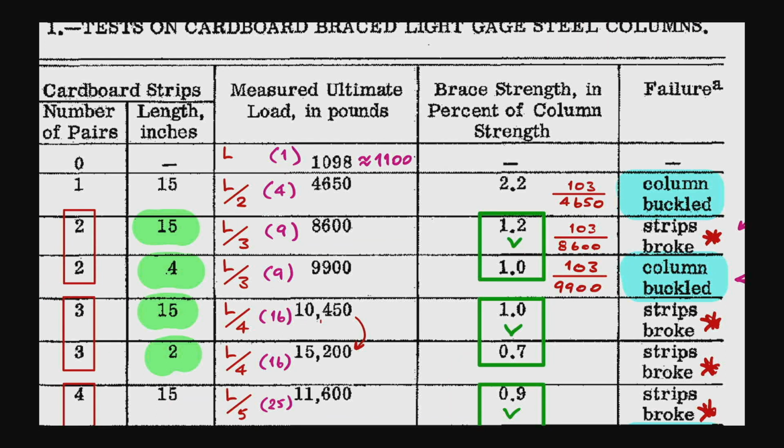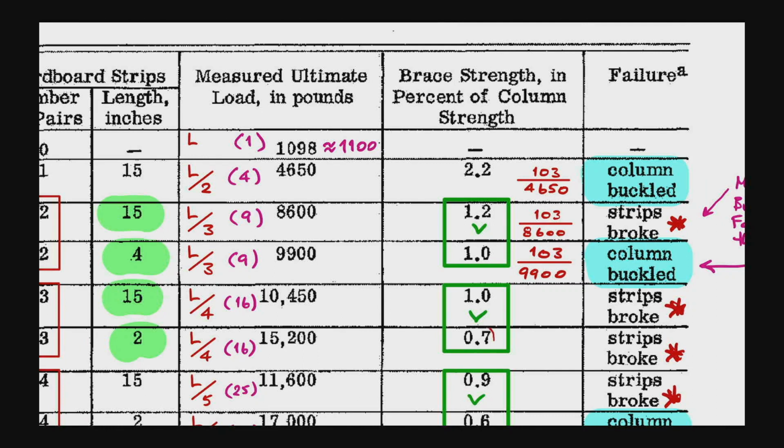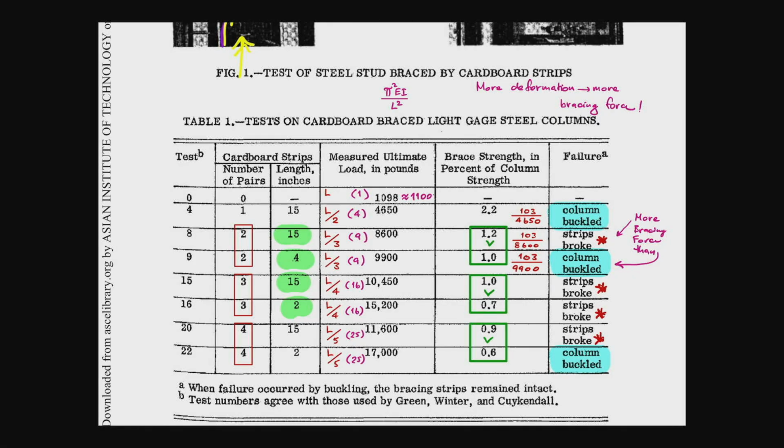So if the brace stiffness is just increased, you get a bunch more capacity for the column. And you can see that in this case the 103 is the same, but the capacity is more. So the ratio between the required brace strength and the capacity of the column is reduced from the low stiffness case. Okay, so this is a very good piece of information.